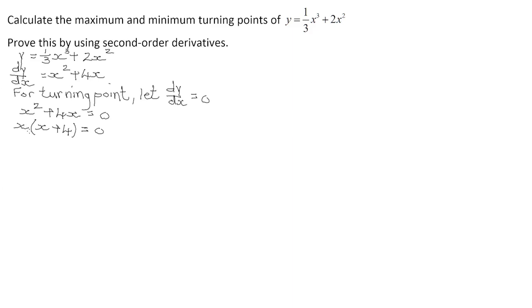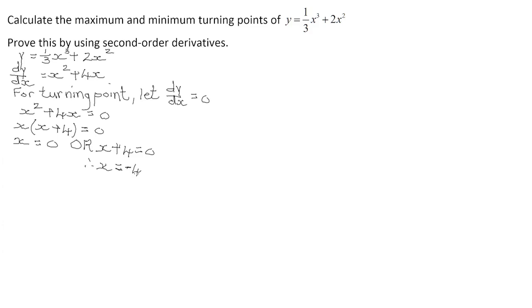Now we're going to apply the zero product rule. x is equal to 0 or x plus 4 is equal to 0. Therefore, x is equal to, you move the 4 over, minus 4.